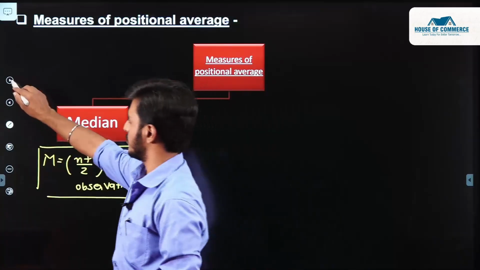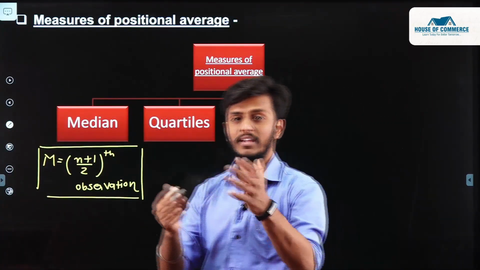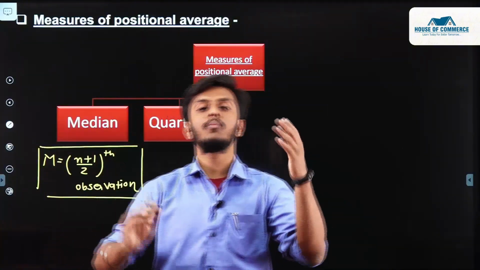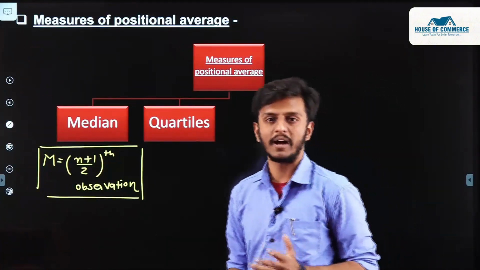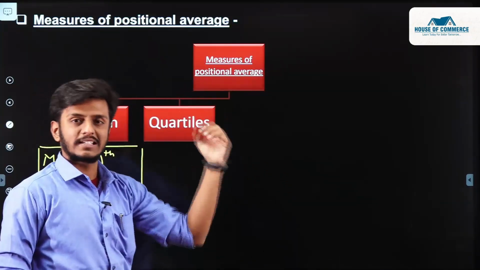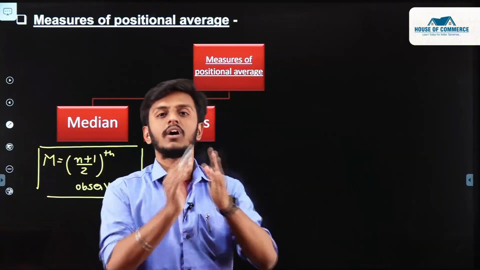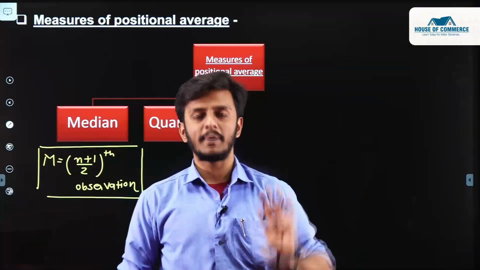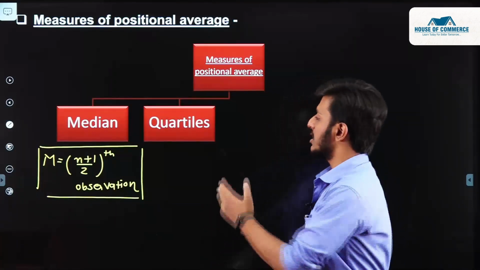So what is our next measure? Our next measure is quartiles. And you are aware of what the quartiles are? You must have heard the word quarter. Quarter means 1/4 of the part. Right? So the quartiles, if we are arranging our observations in ascending or descending order, are those 3 values which divide our observations in 4 equal parts.